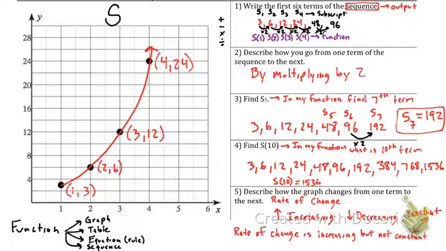And lastly, this should be reviewed, but I'm still going to go over it because it's part of the next set of problems. If you look at these points, we are used to calling these points X and Y, okay? But when we're dealing with function, because remember, this is function S, we no longer call them X and Y. We call them input and output.